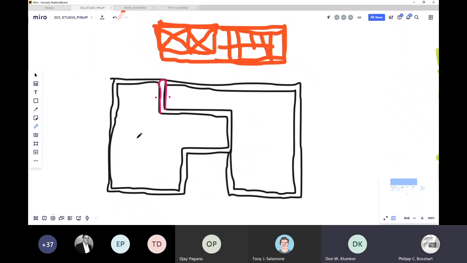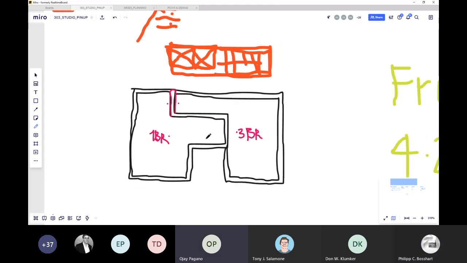But let's say this is a 1-bedroom and this is a 3-bedroom, and I want the square footage for this versus this. It's to define unit type. You have to list the unit types to get to the parking.